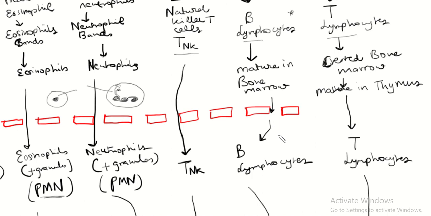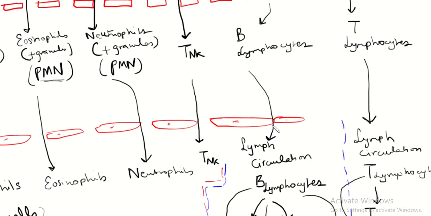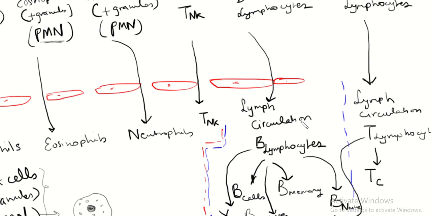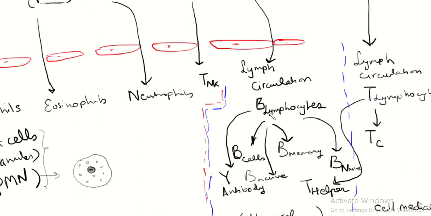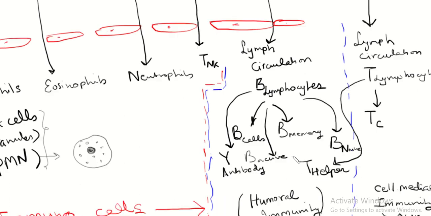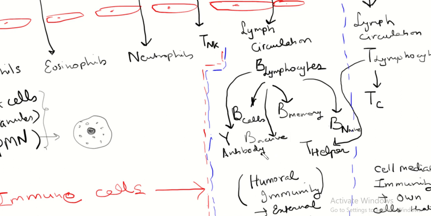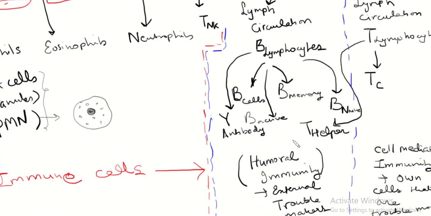Then they get released as B lymphocytes, and they go into lymph circulation. And there are different types: naive B cells, active B cells, and memory B cells. They produce antibodies with the help of T helper cells, and we'll talk a little bit about them. This forms the humoral immunity.